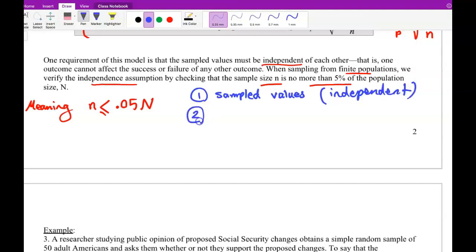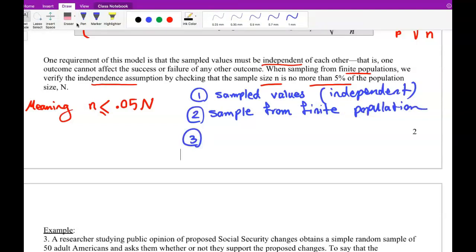Then the sample is from a finite population. And this part is based on part 2.